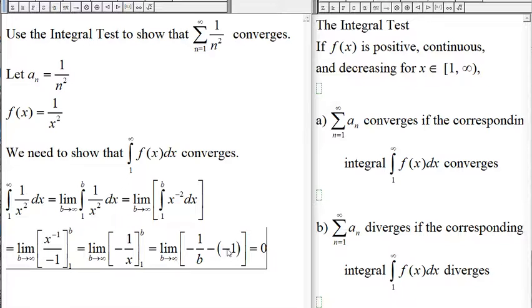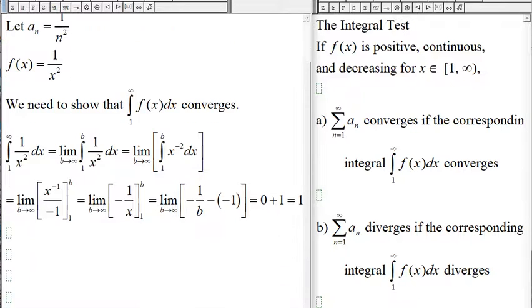Minus negative 1, then we get 1. So the infinite integral right here converges to 1.